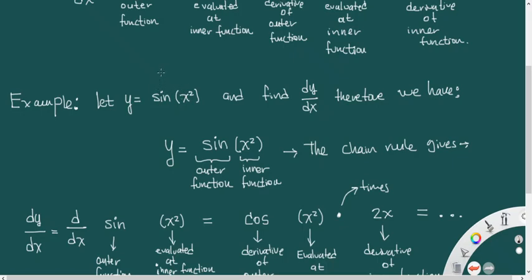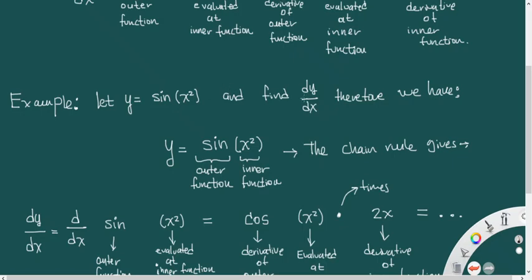We have the trig function, which is the sine, and we have x squared, which is a power function. We are evaluating this inner part with the sine trigonometric function. When we see this kind of arrangement and somebody asks us to find the derivative, we can apply the chain rule.